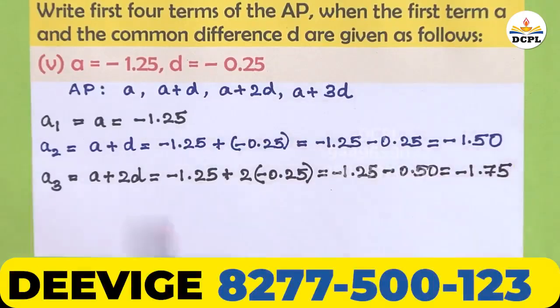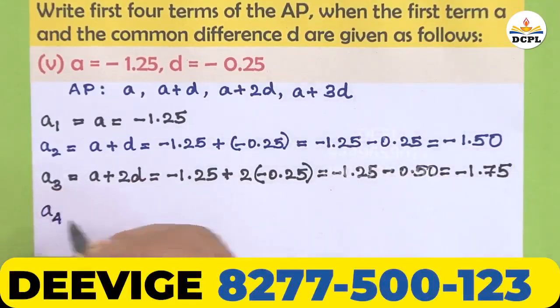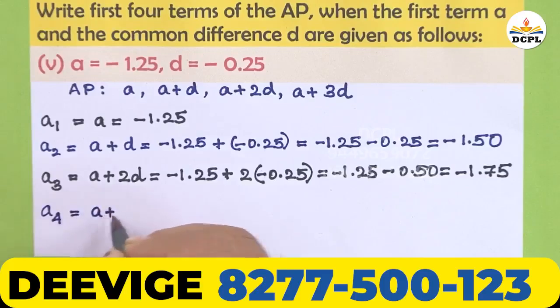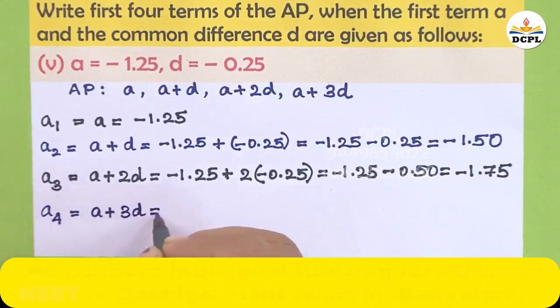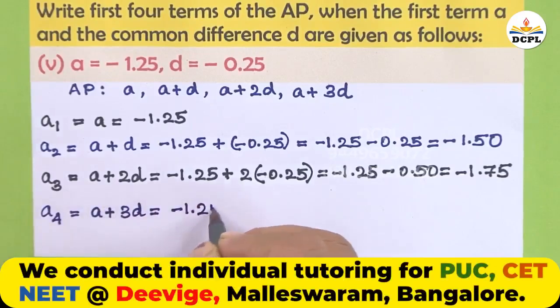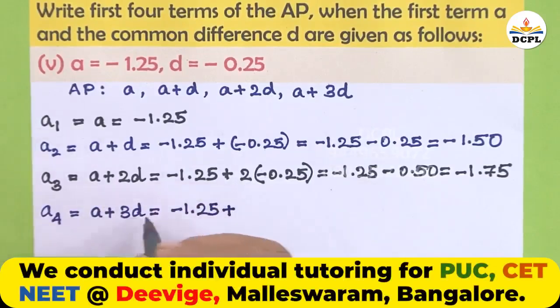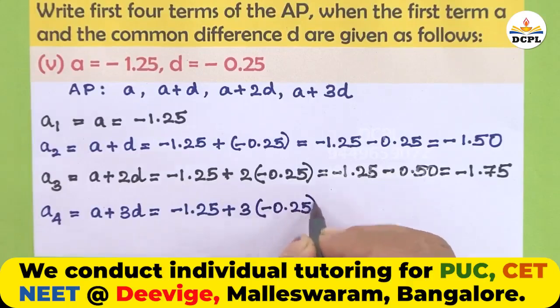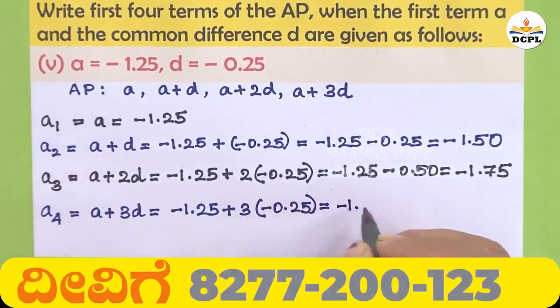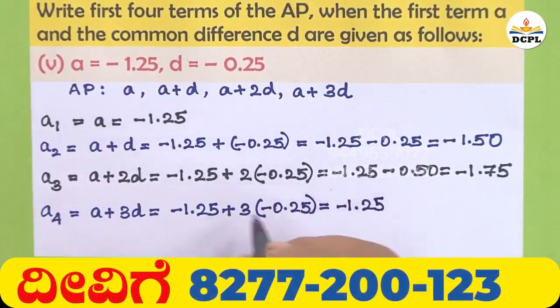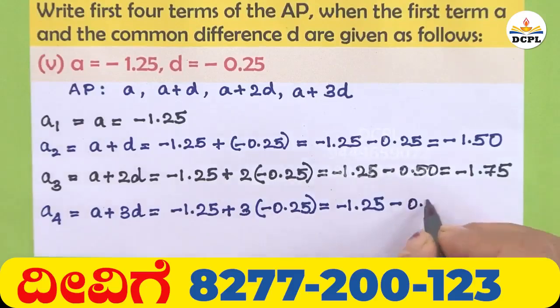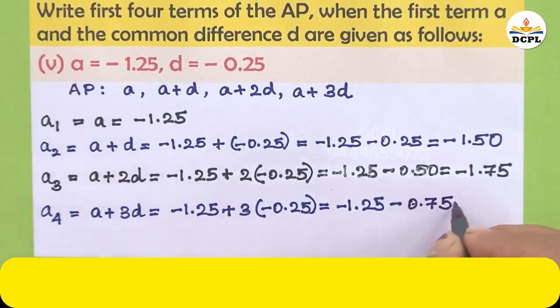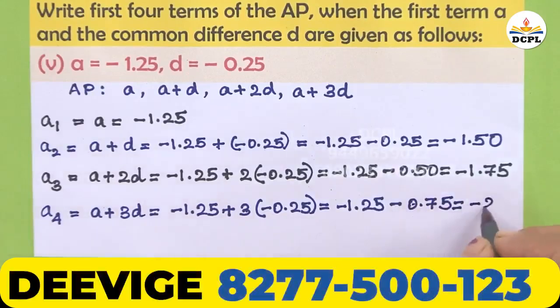The last term is A4, which is A plus 3D. So as usual, let us substitute the values of both A and D. So 3 into minus 0.25, which is given by minus 1.25 plus into minus is minus, 3 into 0.25 is minus 0.75. So when I add, I get minus 2.00.